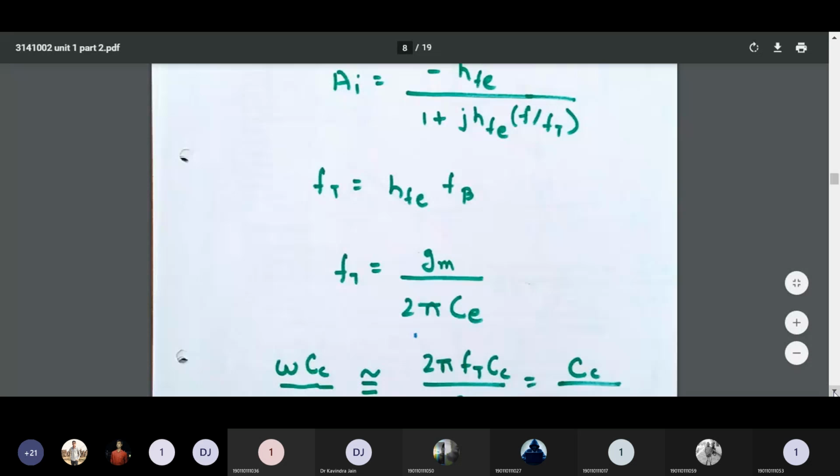Since the value of fT is 80 megahertz and f beta is 1.6 megahertz, fT is nothing but transconductance divided by 2 pi Ce.